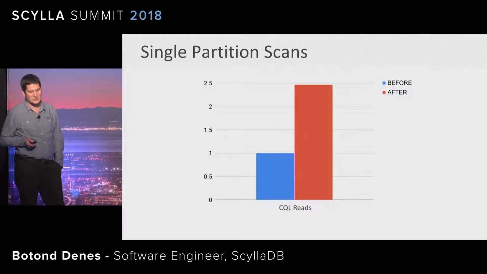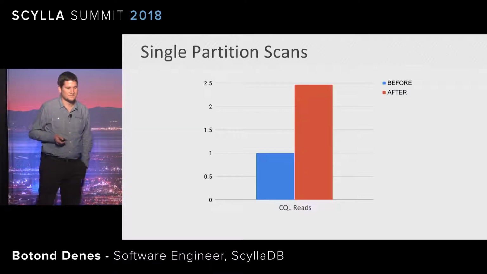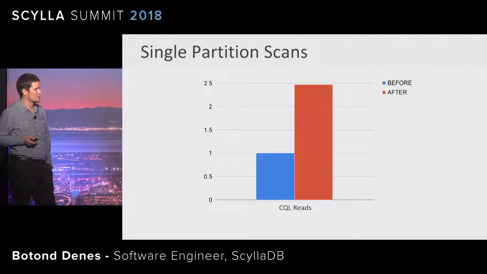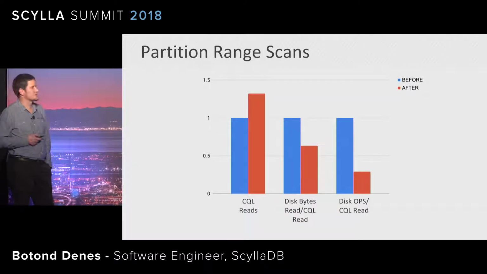This was measured with scanning the large partitions for a fixed period of time. So you can see that it's quite a nice improvement in throughput. This is the results for partition range scans. Again, this is a normalized graph.